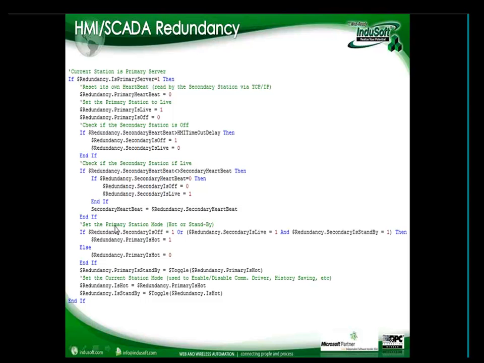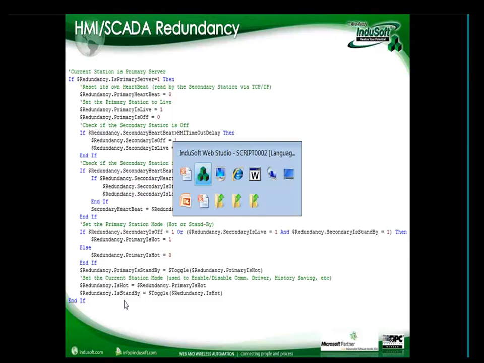And in this final portion, I check if the second station is off, or if it's live and in standby mode, I set my primary station to hot. Otherwise, I set it to standby. And I use those tags, is hot and is standby, to enable or disable driver worksheets, trend worksheets, anything that I might want to enable or disable according to the modes of the station, either hot or standby.